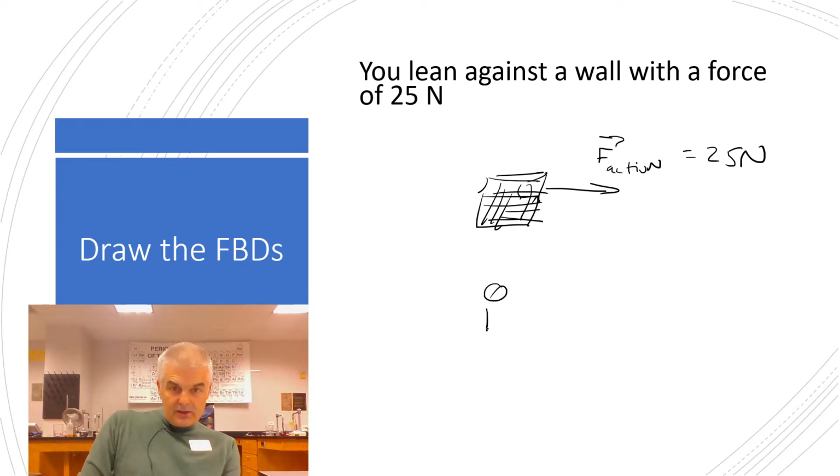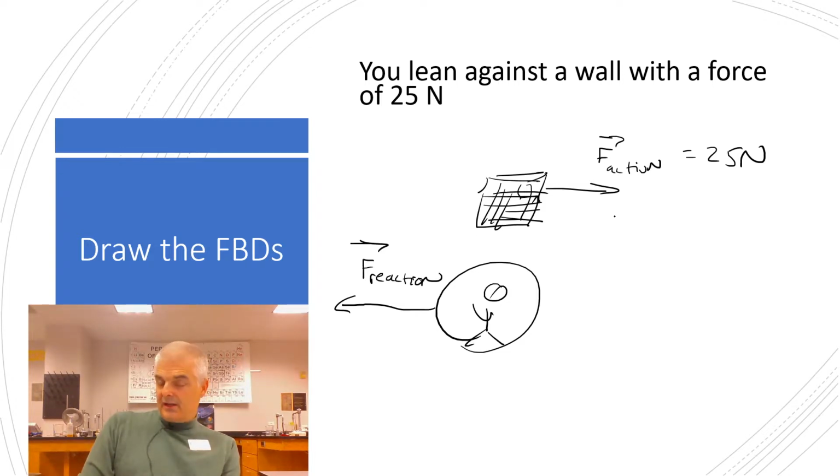And you are leaning against the wall, and you are pushing in the opposite direction. This is the force, sometimes we say reaction. The action is the wall pushing against you, and you are pushing against the wall with the same force of 25 newtons. Weird, right?